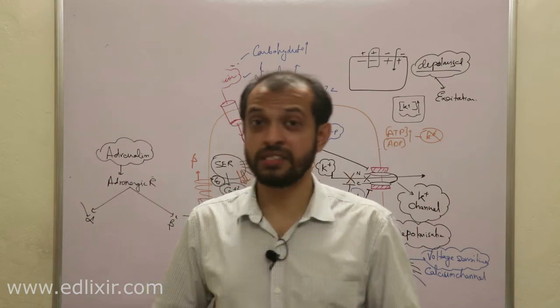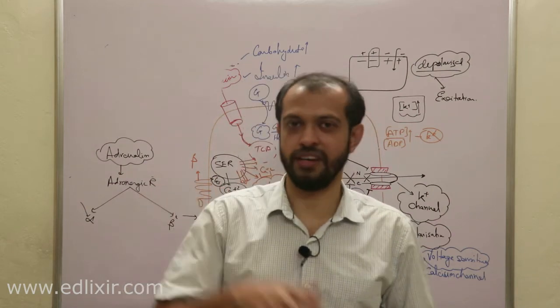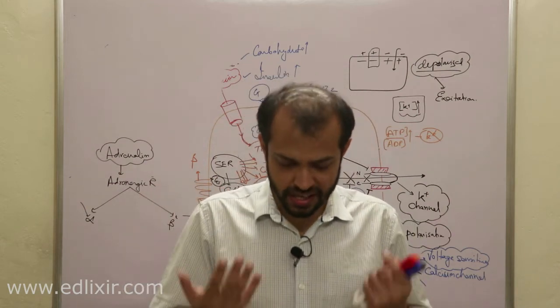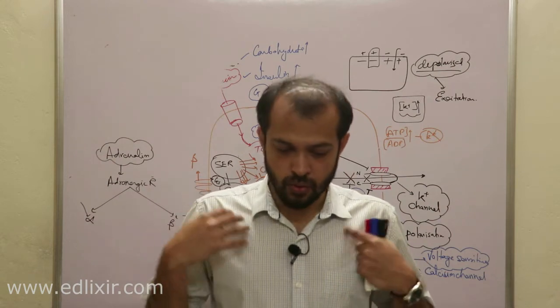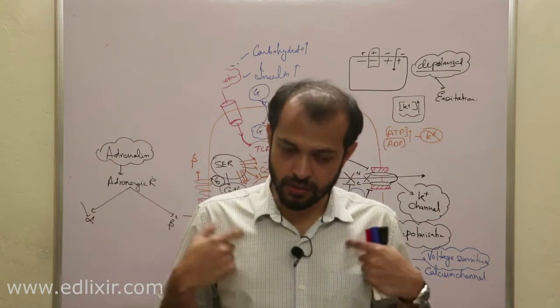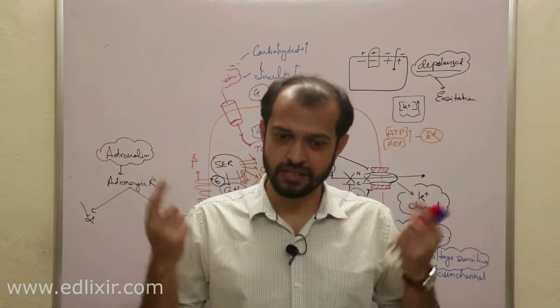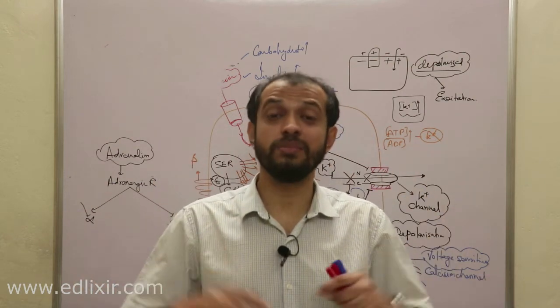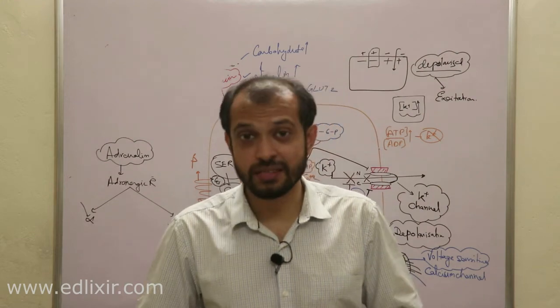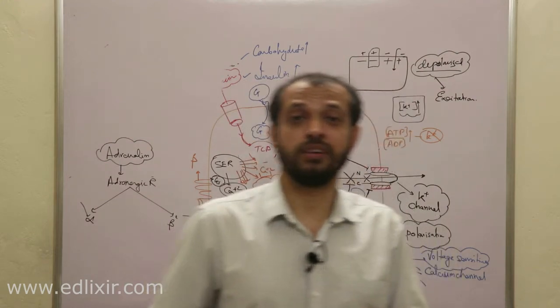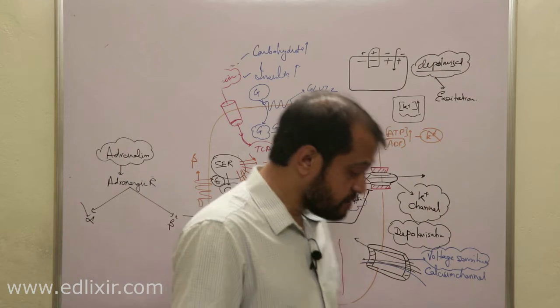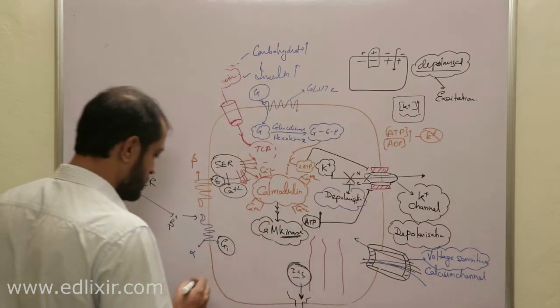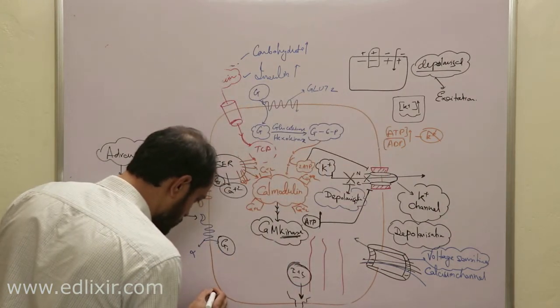That means when the sympathetic nervous system is not firing, we are at rest, and due to this resting condition, the parasympathetic nervous system fires, and the parasympathetic nervous system is what? The cholinergic system, and the cholinergic system means what? It will release acetylcholine. That means we should have a cholinergic receptor.